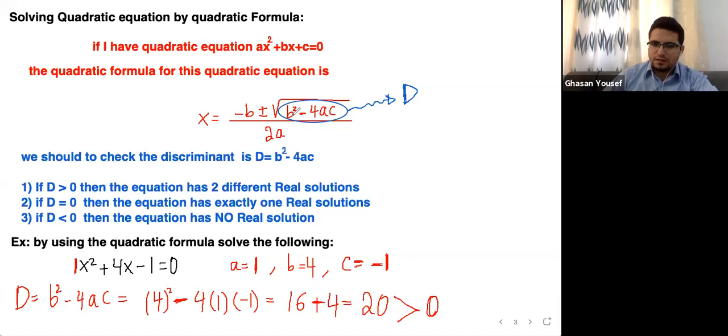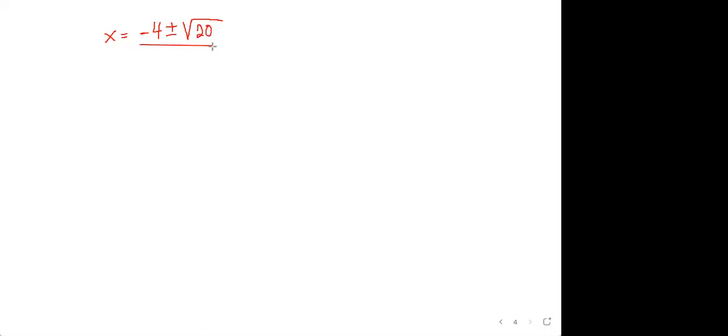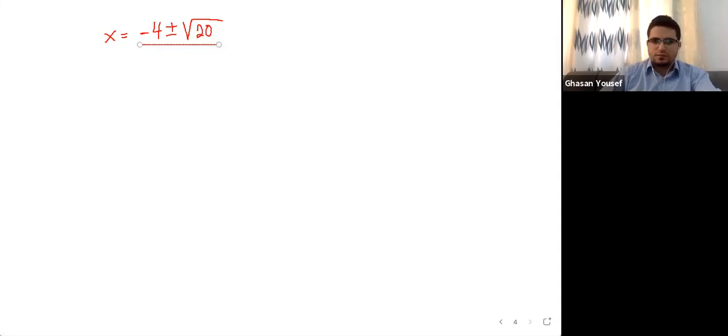That is D, right? It's 20. We already did that, so just substitute 20 here, over 2 times 1, which is 2.